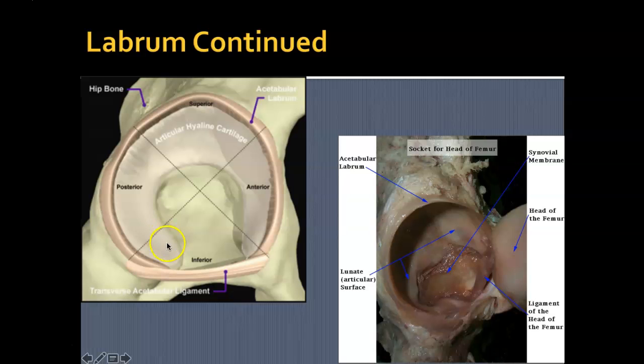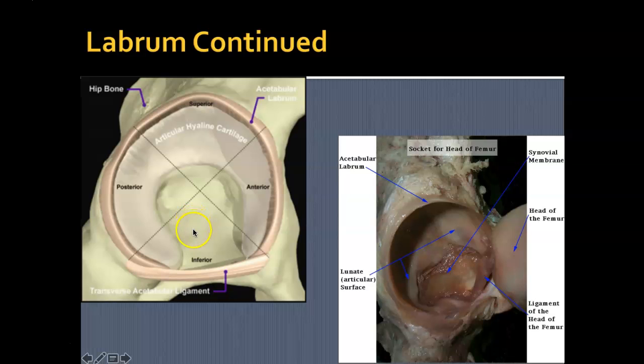But in this particular case, the acetabulum is going to be covered by a hyaline cartilage, and this is very protectionary, right? Just think about the tibial-femoral joint and those condyles and how they suffer from arthritis. It's that hyaline cartilage wearing away. So what we know about the acetabulum is that it's lined with this hyaline cartilage, which is great. It's protectionary. It's going to prevent friction and rubbing of the femoral head against the acetabulum.